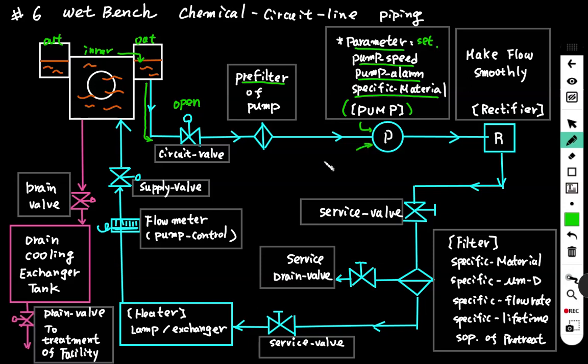Because the chemical used in the semiconductor industry has many kinds of chemical compounds, every chemical solution has its own specific material to make a pump.